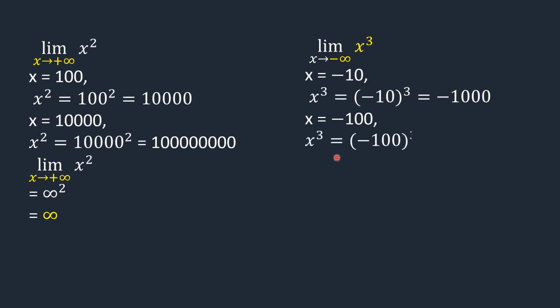So x cube will be minus 100 cube, which will be 6 zeros next to minus 1. Here we observe that as x takes lower and lower negative values, the limit x cube as x approaches minus infinity will approach minus infinity cube, which ultimately will be minus infinity.